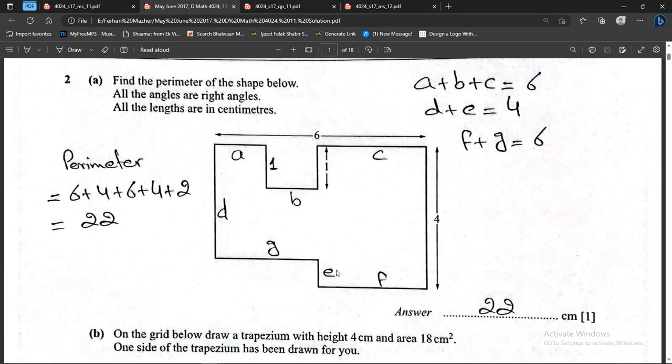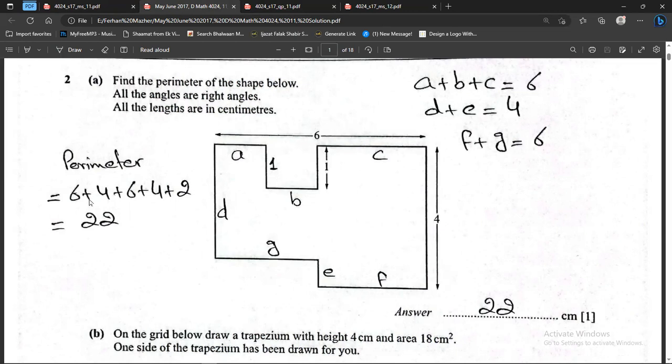This is D, and this portion is E, and D plus E is equal to 4. And suppose this portion is F, this portion is G. F plus G is equal to 6. This portion is 1, this portion is 1. So the perimeter of this whole figure will be 6 plus 4 plus 6 plus 4 plus 1 plus 1.